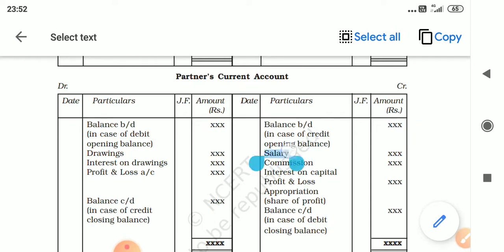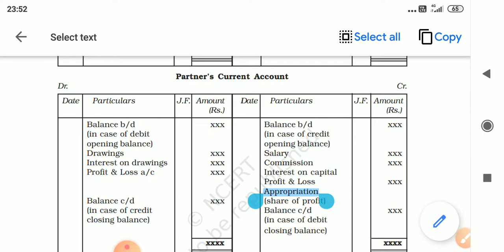Then salary, commission, interest on capital and profit as per profit and loss appropriation account will appear on the credit side of partners current account. Which means when you are preparing profit and loss appropriation account, the balancing figure, the profit, you have to write profit transferred to partners current account and not partners capital account.